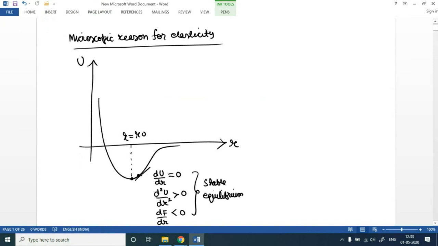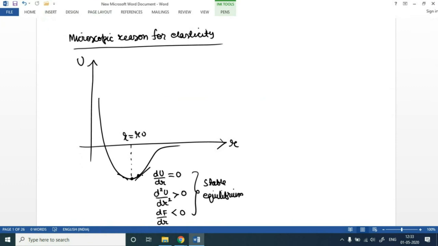So clearly we can say that a restoring force will be acting in either direction. Either direction you displace, the restoring force will be directed toward the equilibrium position. So this is the microscopic reason for elasticity.